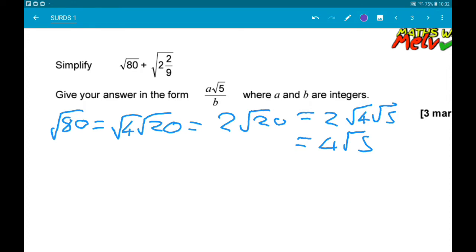Okay, then for root 2 and 2 ninths, again, we need to turn 2 and 2 ninths into an improper fraction. So root 2 and 2 ninths is equal to the square root of 9 times 2 add 2 over 9, so 20 over 9.